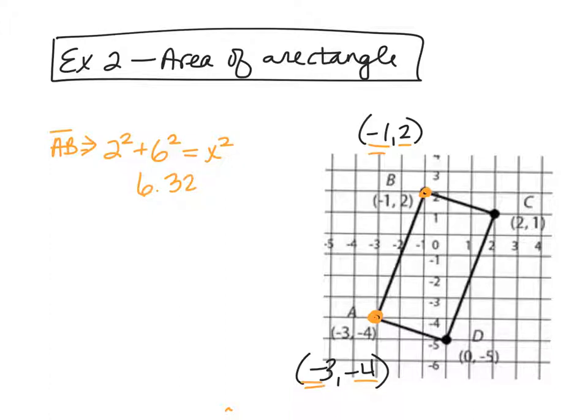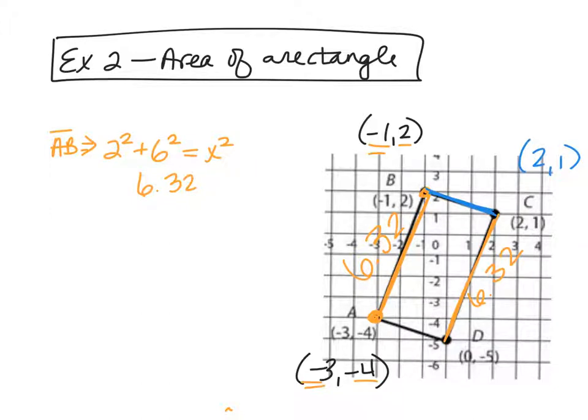And hopefully you notice 6.32. If this is actually a rectangle, which it looks like it is, and these 2 lines are parallel, the AB and the DC, DC is also going to have that same length, so I'm going to write 6.32 on that same side too. And then if I want to find my other side, B to C, C is at 2, 1.